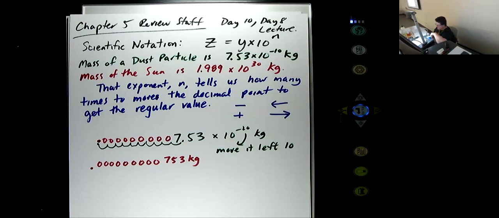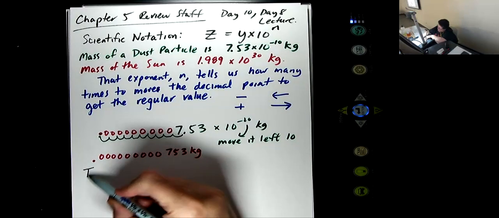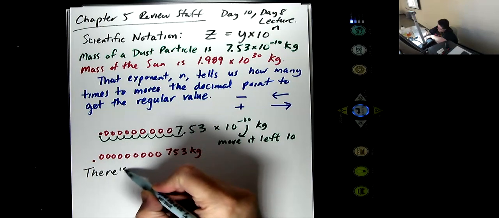So for scientific notation, there's only one number before the decimal place.